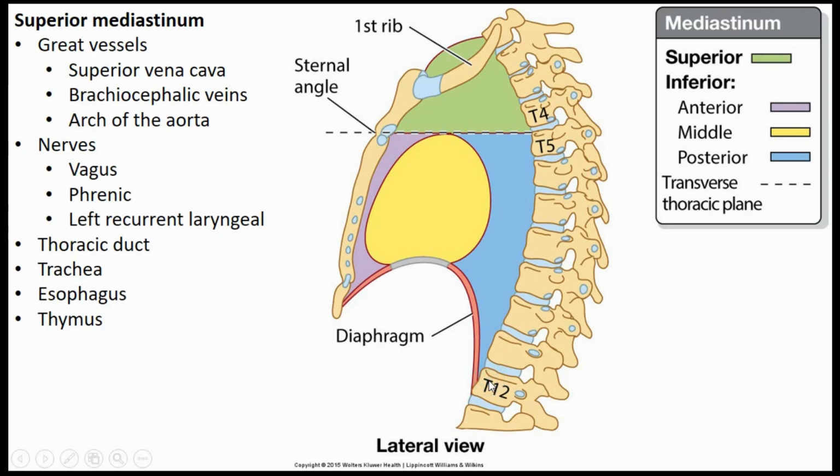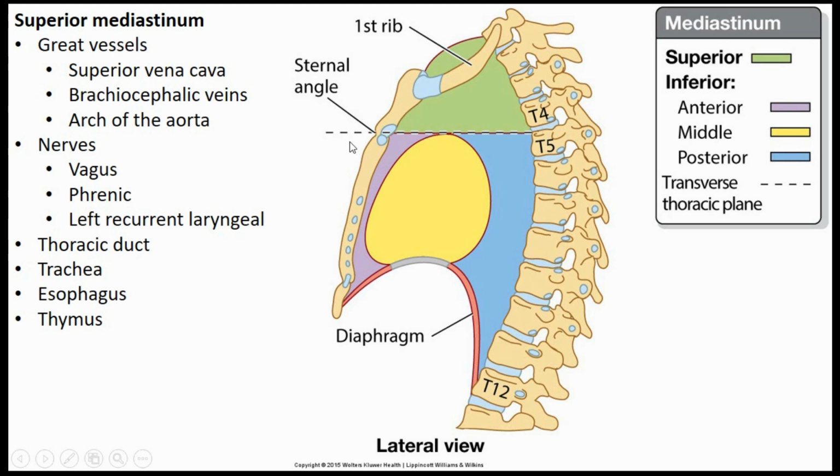So if we were to look at the superior mediastinum here, what we have is an area from the sternal angle back to about the T4, T5 intervertebral disc. Now I should mention this whole thing from thoracic inlet down to the diaphragm is the mediastinum.